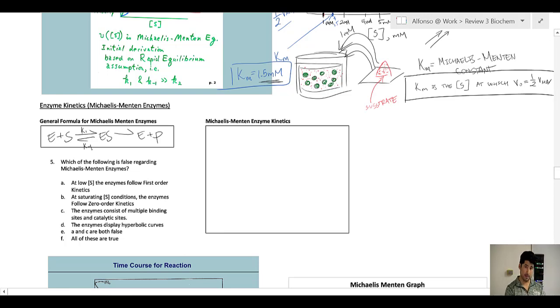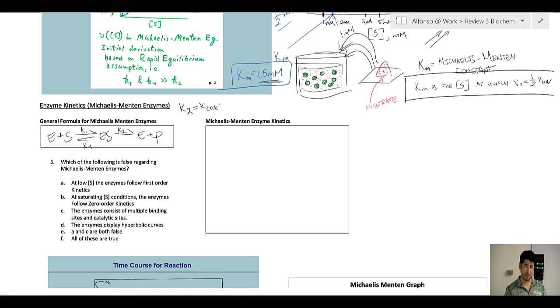And going from the ES complex, the enzyme substrate complex, to the enzyme plus product, that is governed by the rate constant K2. Just so you guys know, K2, a lot of times they'll call it Kcat, and they are essentially the same thing.